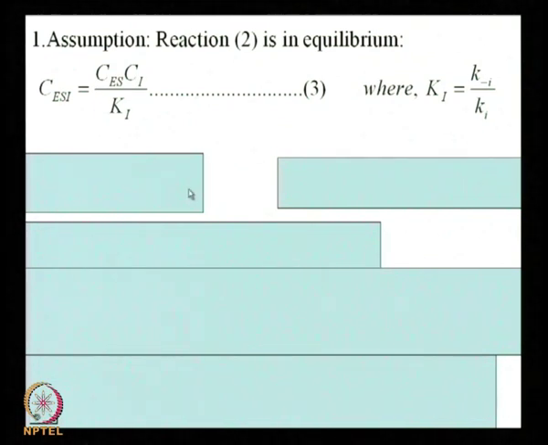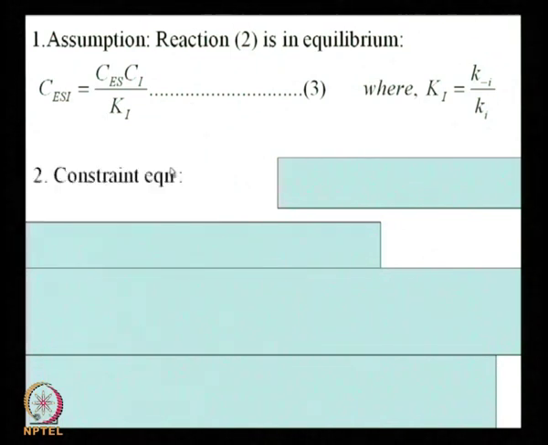Next, which assumption will you use? The quasi steady state, which will help you get the relationship between CE, CS and CES. It is the same thing that we had before, slightly different maybe.